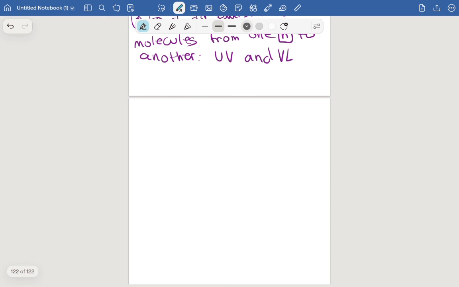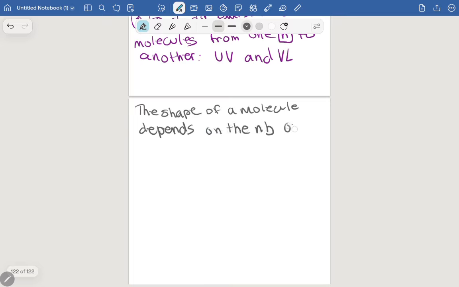The shape of a molecule, first of all, depends on the number of electron pairs surrounding its atoms, okay? So the shape of a molecule depends on the number of electron pairs. E minus means electron pairs surrounding its atoms.